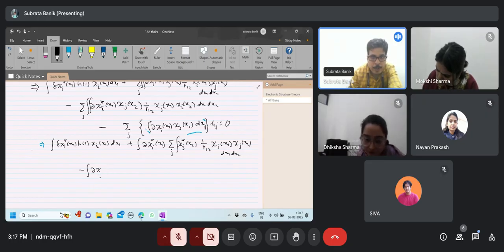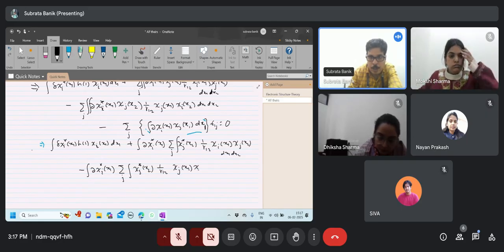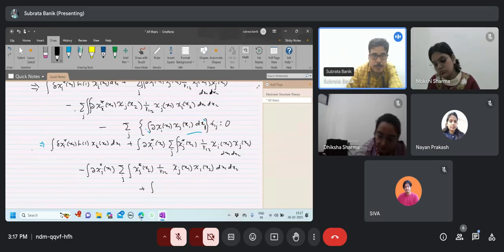So I have here integration of delta chi i x1, sum over j integration of chi j star x2 1 upon r12 chi j of x1 chi i of x2 dx1 dx2 plus sum over, I'll write this again in the same fashion, not plus, this must be minus.